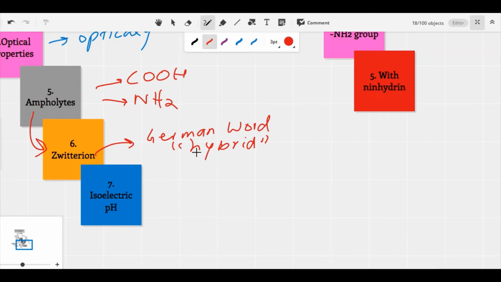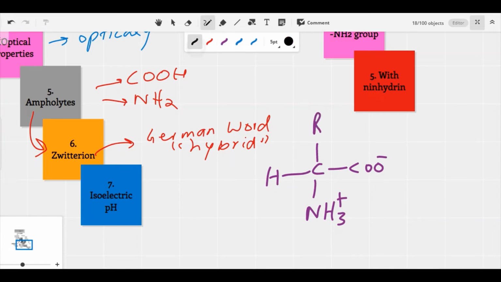Each amino acid has a characteristic pH, like leucine at pH 6, at which it carries both positive and negative charges and exists as a Zwitter ion. For example, here the Zwitter ion will look like this. Here you can see the negative group and positive group present on the same compound.